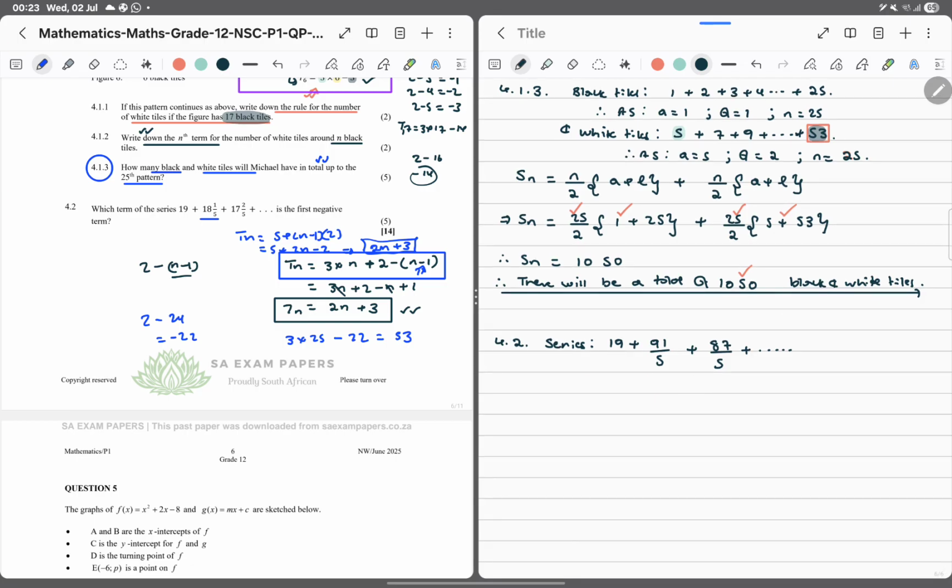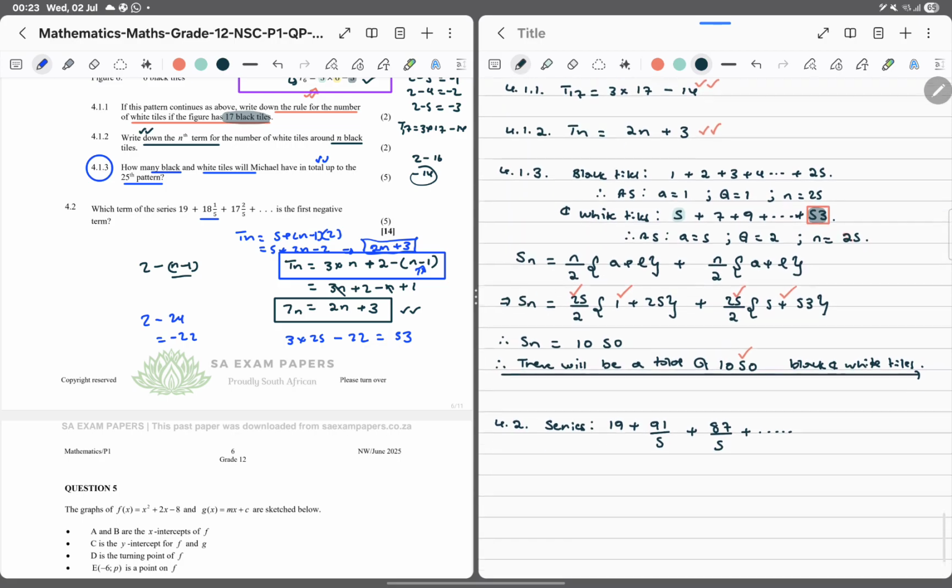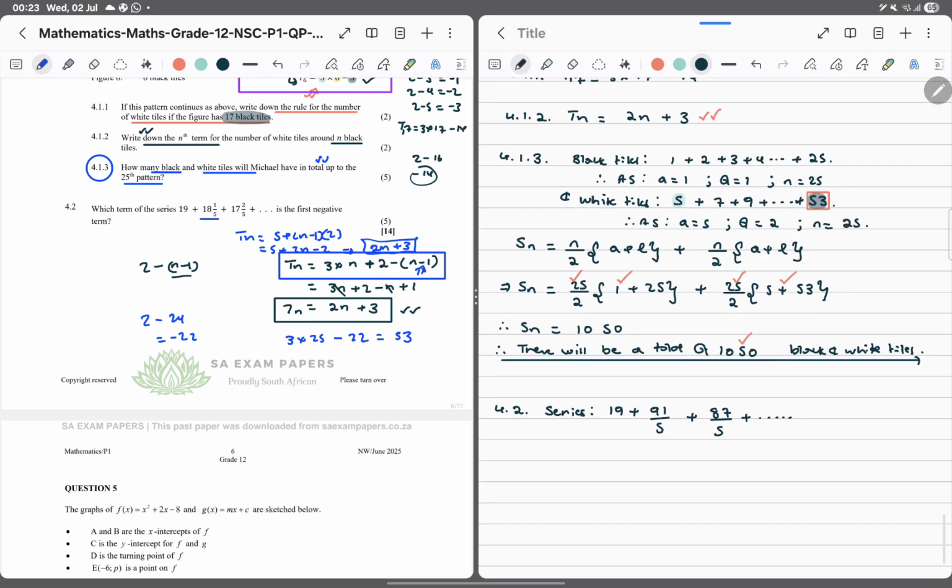So, again, guys, since we know that we have worked a lot with the geometric and what, this is most likely an arithmetic, right? But we could be wrong. Let's see, 91 over 5 minus 19 gives us minus 4/5.